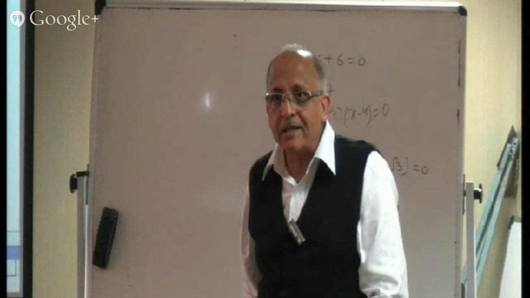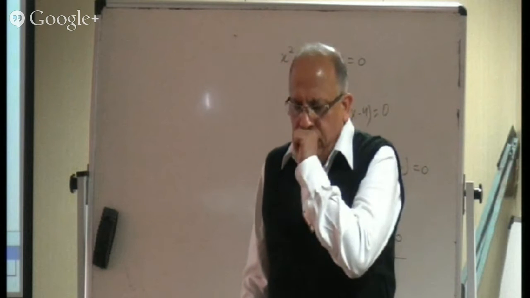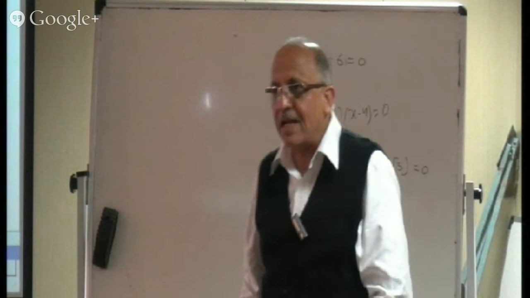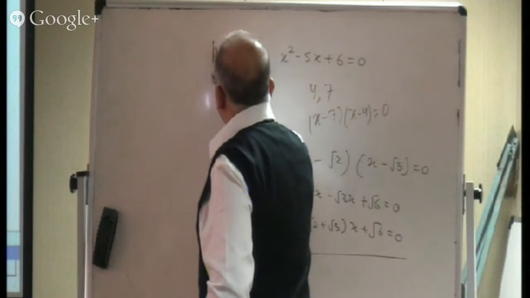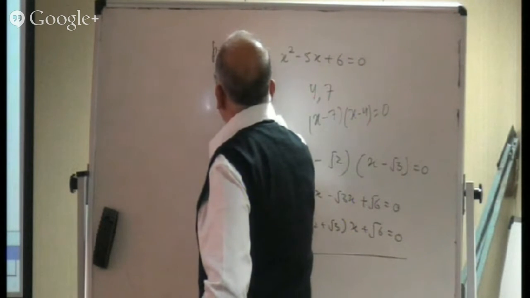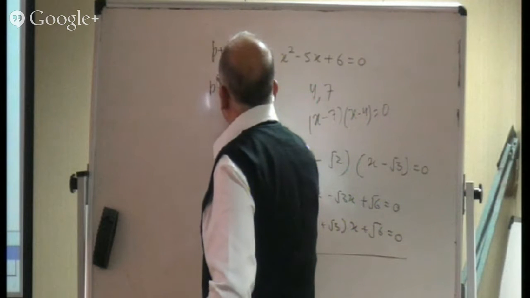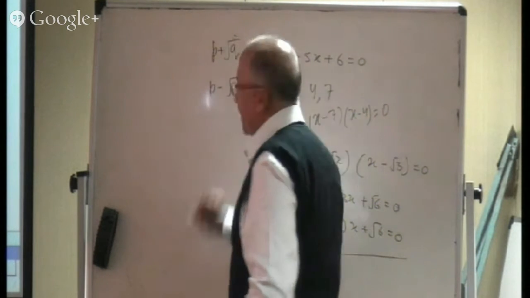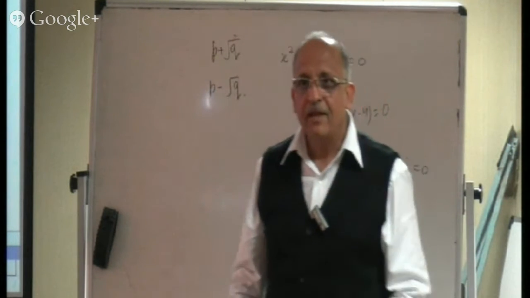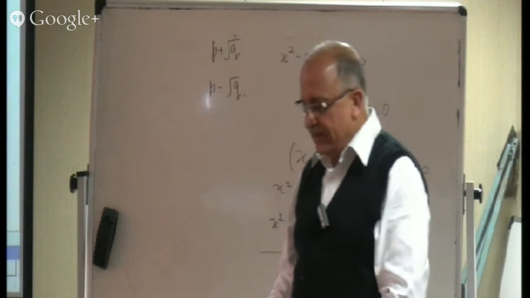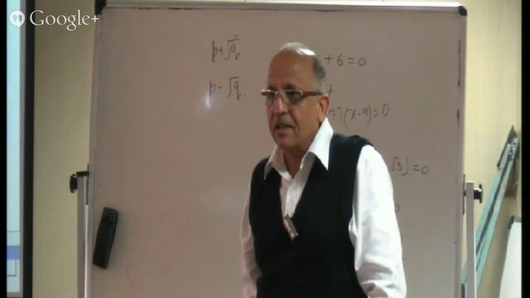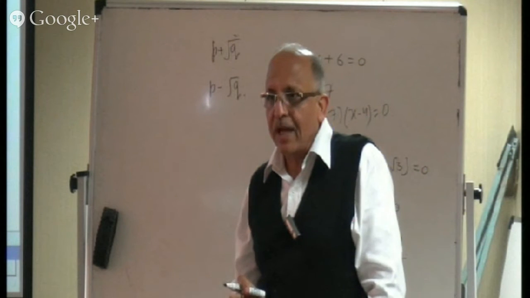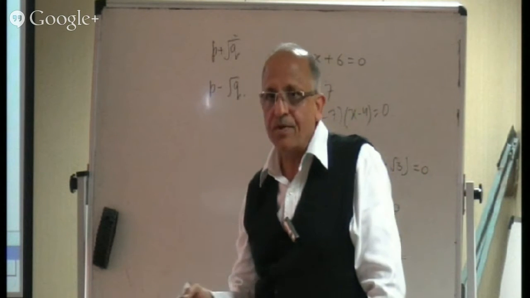There is a very standard result that if you have an equation with rational coefficients, and if p plus root q is a root, then p minus root q should also be a root. Do you know this result? Then let us see certain results which connect the type of roots an equation has with the coefficients.